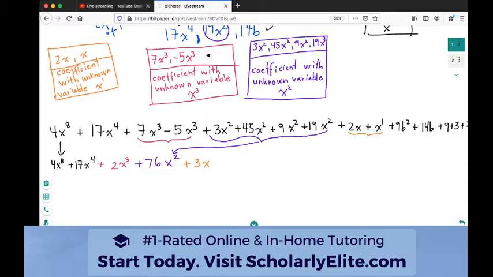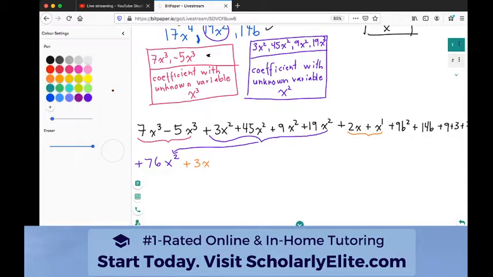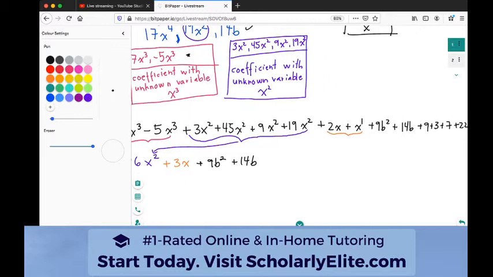And then up next we've got 9b squared. And if anyone's confused about anything specific, just feel free to let me know. Sorry, not 19b, 9b. So 9b squared does not have any like terms, so it's just going to stay the way it is. Same thing with 14b. Also does not have any like terms, so it's going to stay the way it is.